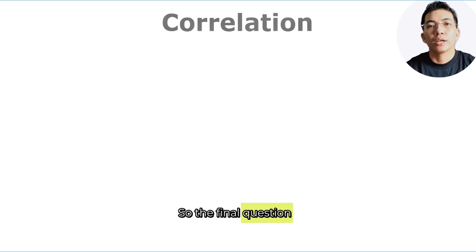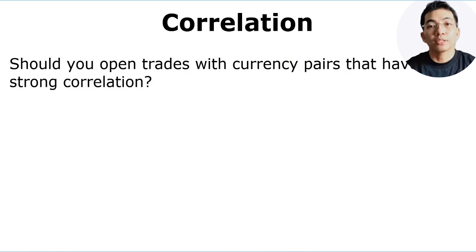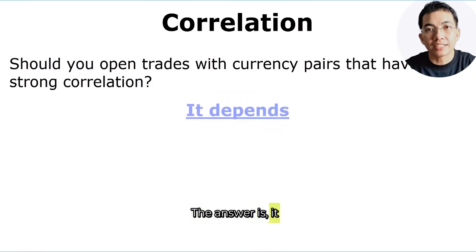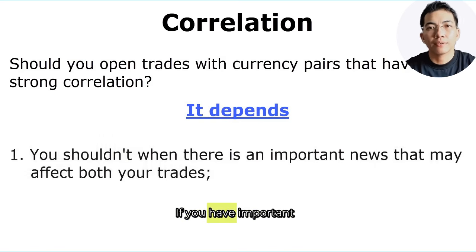So, the final question is, should you open trades with currency pairs that have a strong correlation? The answer is, it depends. If you have important news during the day that can affect the currency pair that is in both your trades, maybe it is better to trade just one currency pair.